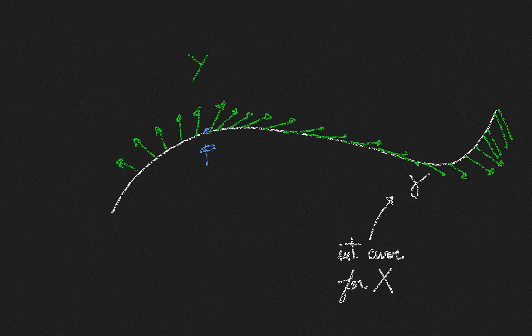And then we have the vector field y. Now, we want to make sense of the derivative of y along gamma. Okay? Why gamma? Because gamma is the integral curve that goes through P. For every point you have one integral curve.